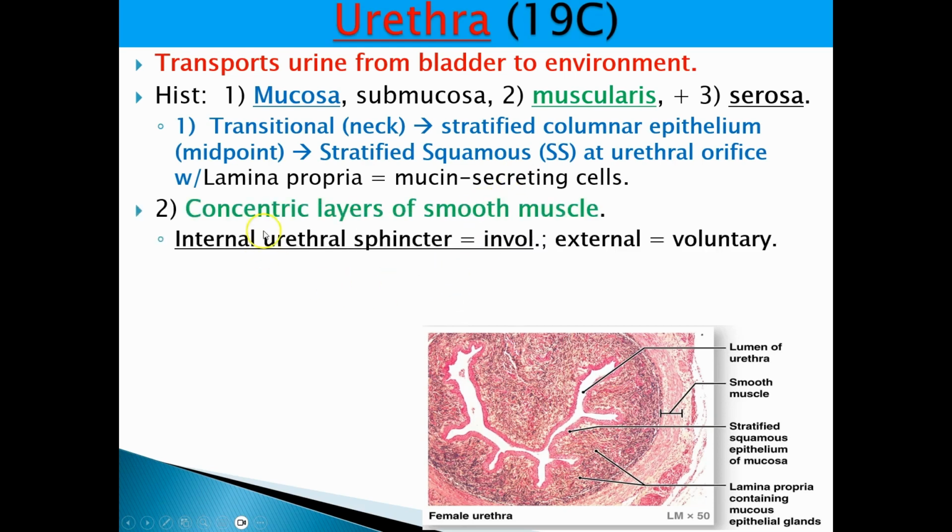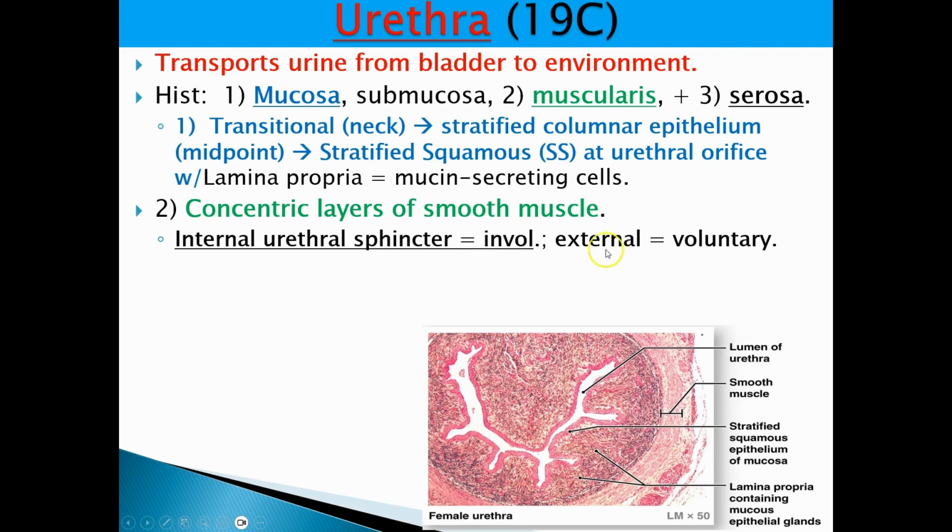But again, just know that the layers here, we're dealing with a mucosa, a submucosa, a muscularis, and a serosa layer. Now, again, when it comes to the muscularis layer, if I'm describing a urethral sphincter, we got the word urethra with an L on there. All right, you should know the internal urethral sphincter, just like the internal anal sphincter, is involuntary, which makes it smooth muscle.